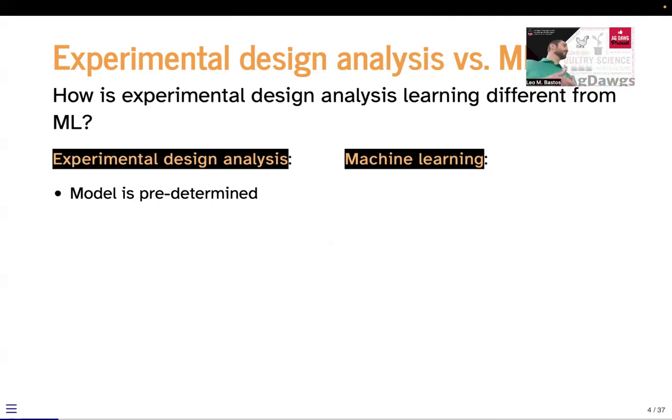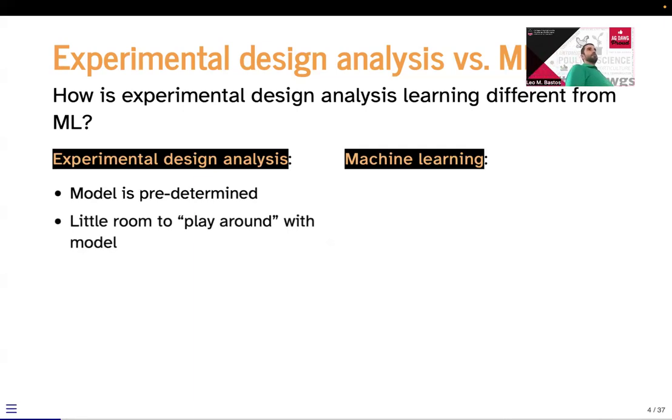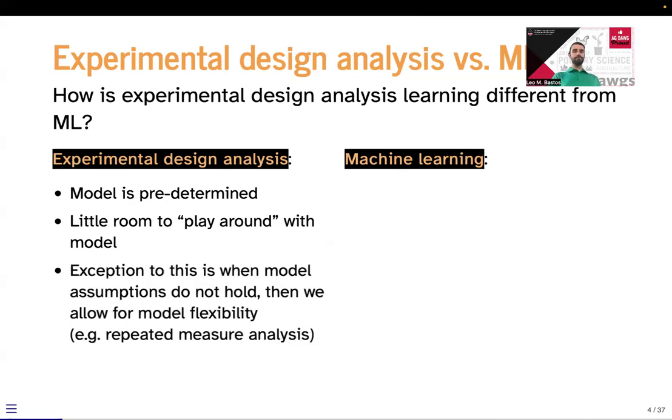So the model is predetermined, and there's very little room to play around with the model, to add things, to remove things, and see what creates a best fit, because that is not the goal, right? The model is something that you should determine when you're planning the study. So even before you collect your data, you should already know what model you're going to use, because the model is connected to the study design, which is part of your treatment design and experimental design.